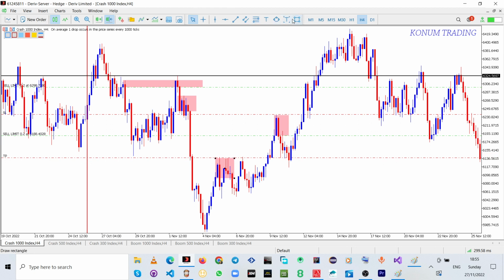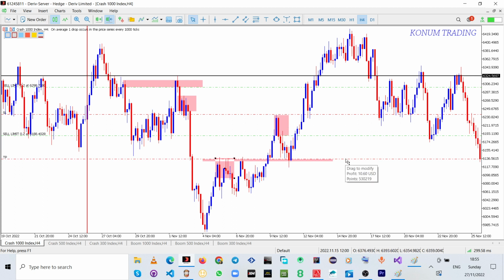So this will be your take profit because of the support zone right here. This is where you take profit. So slightly above 1:1. You get $10 after risking almost $10, 9 something.